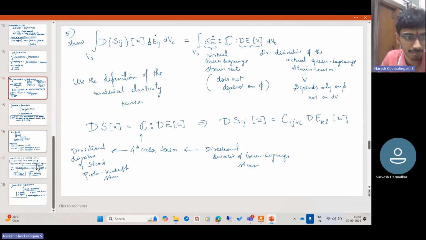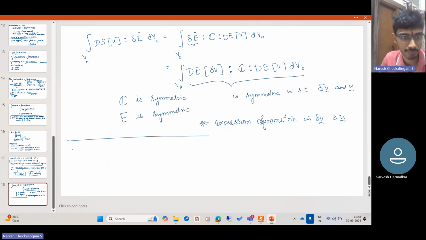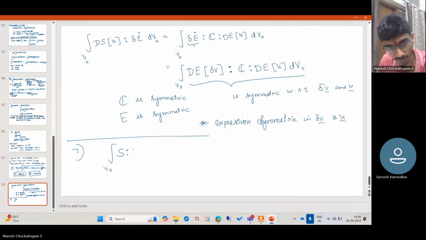We also had another term, so this is one term of the product rule. What is the other term? It is the integral over the volume. S remains as it is, double dot, d del E, in the direction. Sorry, D del E.